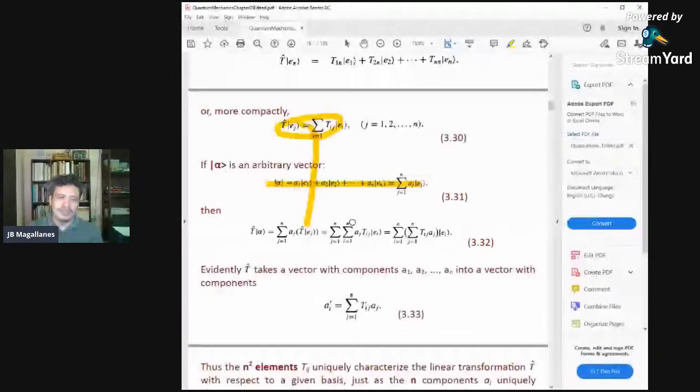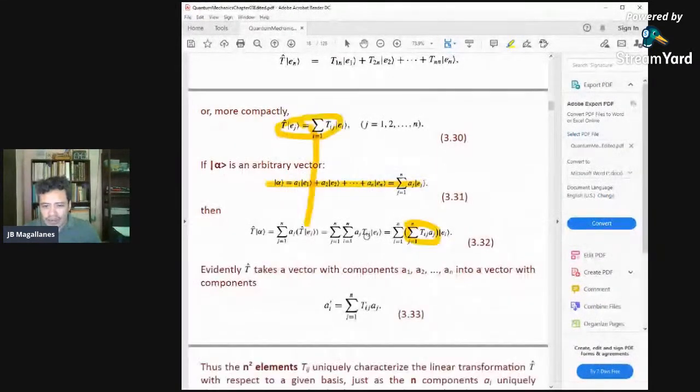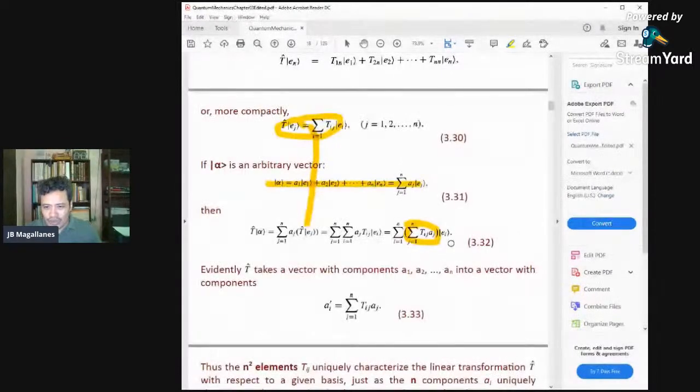They are commutative, so no problem with that. So this will be an equivalent expression for this, so that instead of transforming the ej, you have transformed the aj.